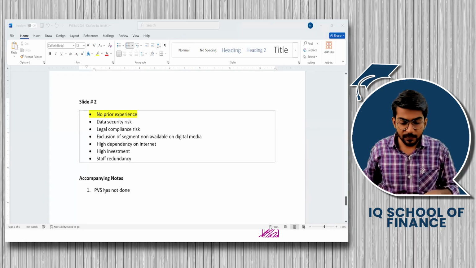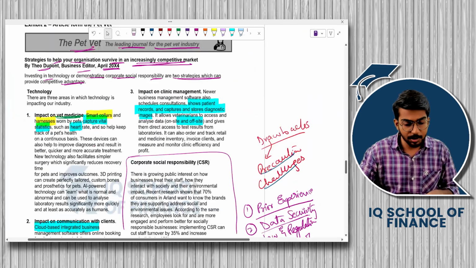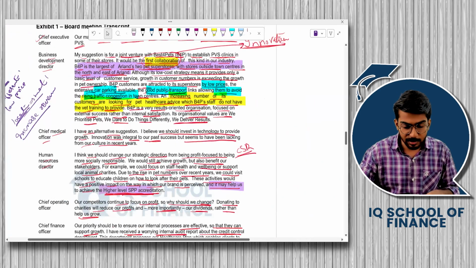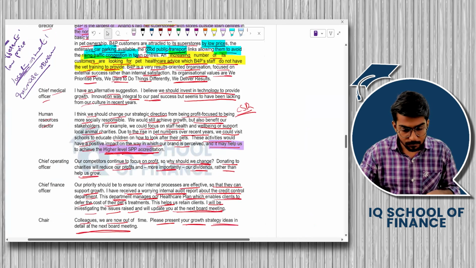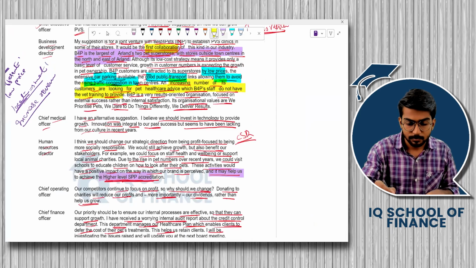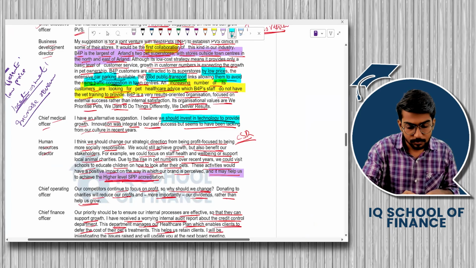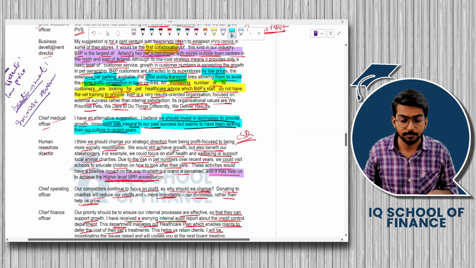So if I go to exhibit number 1, it was something mentioned about the technological advancement, if I can recall it correctly. Yes, see here. Can you guys see my screen?